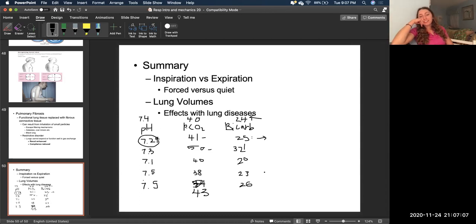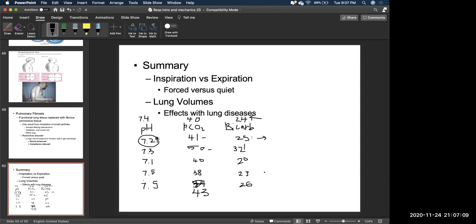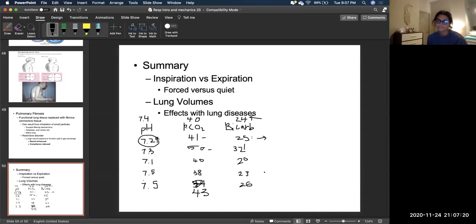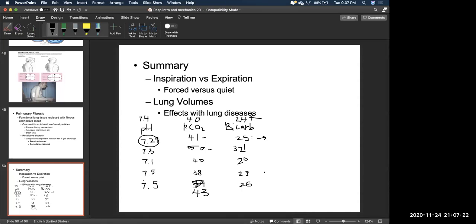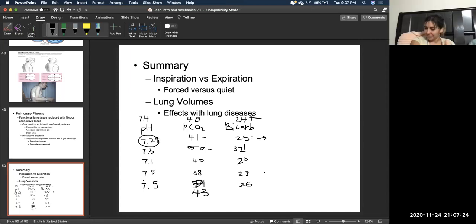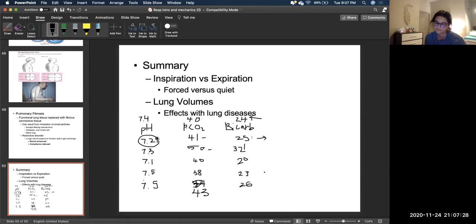Okay, what's the compensation? Oh, CO2. It's higher, right? Because the lungs, is it the lungs that are compensating? Yes, it's the respiratory system. Is your respiratory rate going to increase or decrease to compensate?